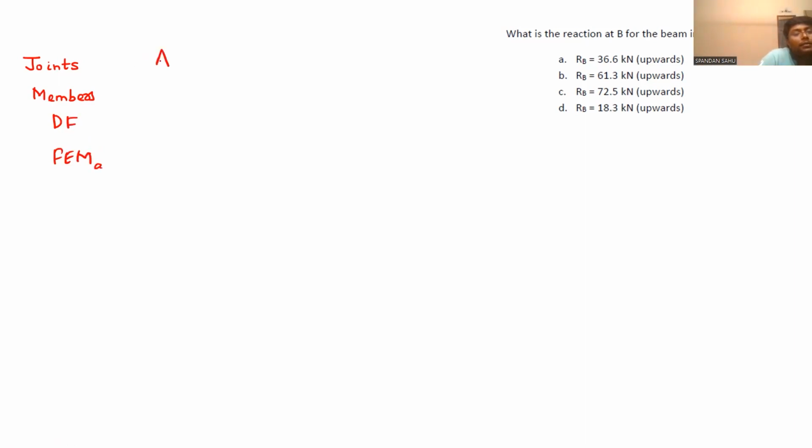So joints are A, B, C. In joint A, how many members are attached? One member. In joint B? Two members. In joint C? One. Distribution factor of A is 1.